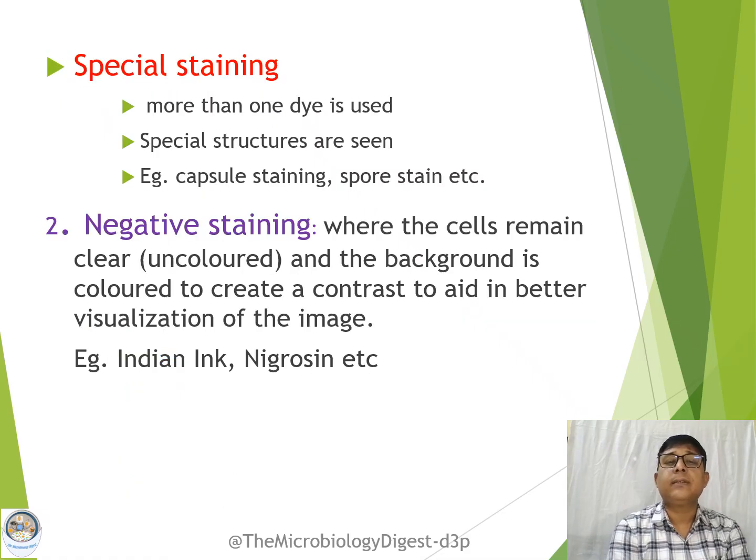The third category is special staining. In special staining methods, here also more than one type of dye is used. These methods are specifically applied for visualization of some special structures. For example, capsule. Some bacteria possess a capsule. If we want to see the capsule, we have to go for the capsular staining method.